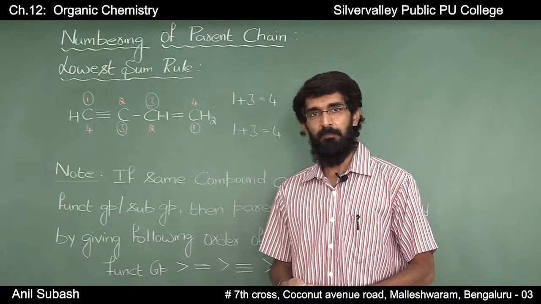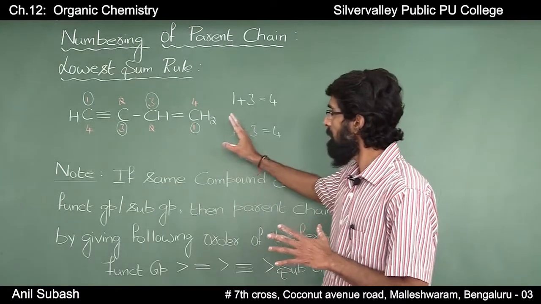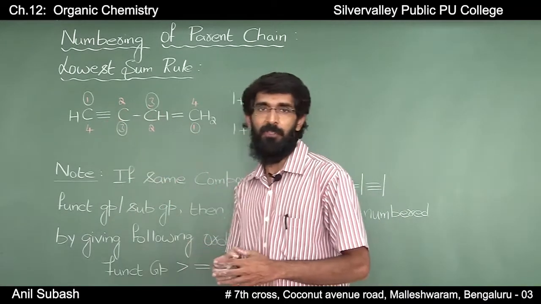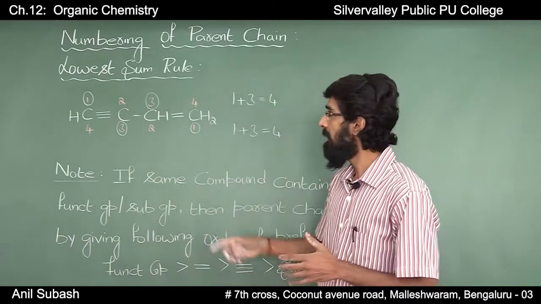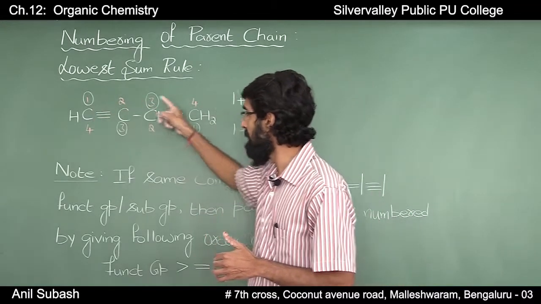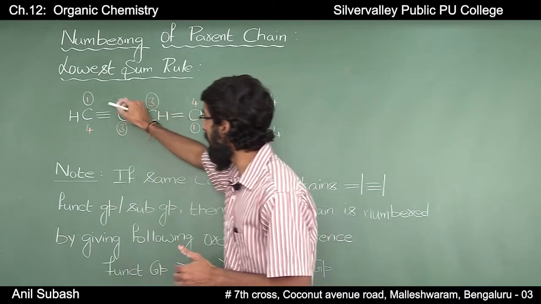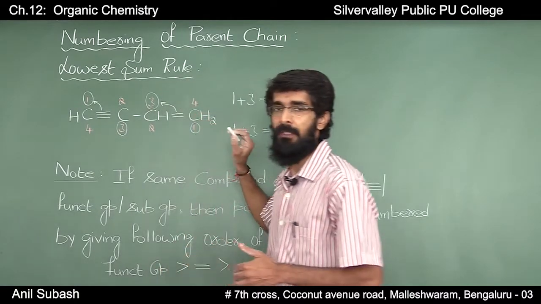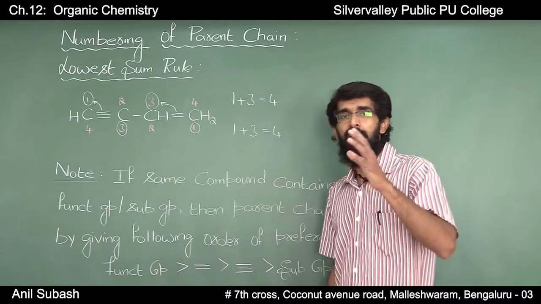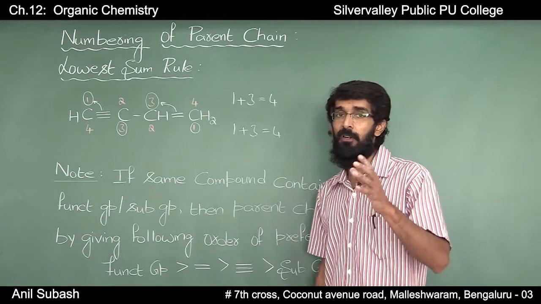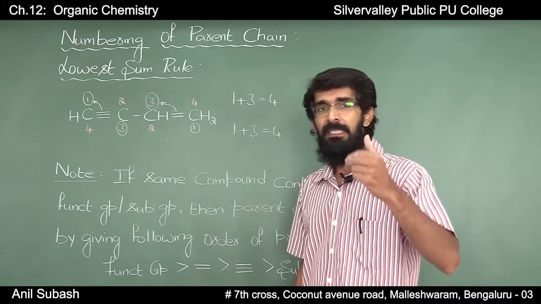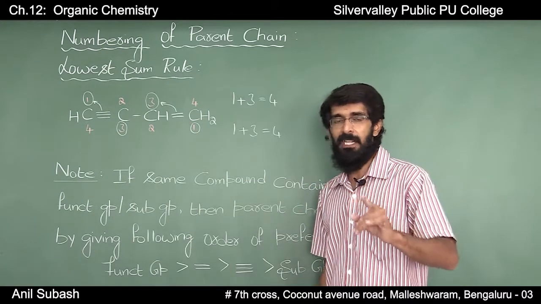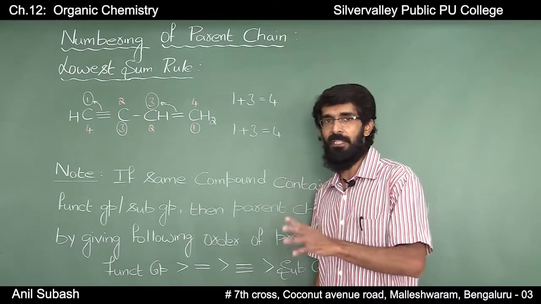Coming to the next example, the parent chain contains a double bond and a triple bond, and if I number it from the left hand side, the locants are 1 and 3. That is, if there is a double bond or a triple bond, it belongs to the previous carbon atom, as we have studied.